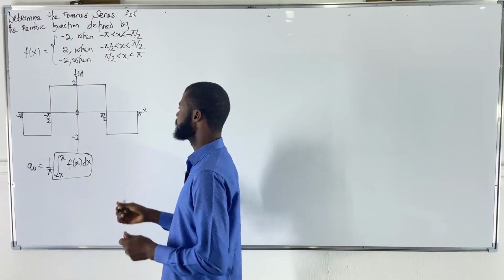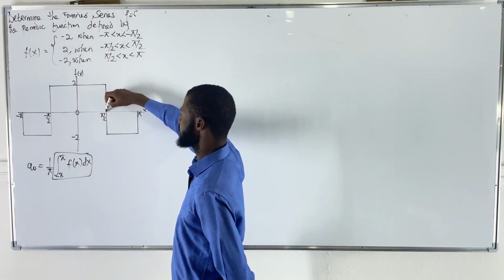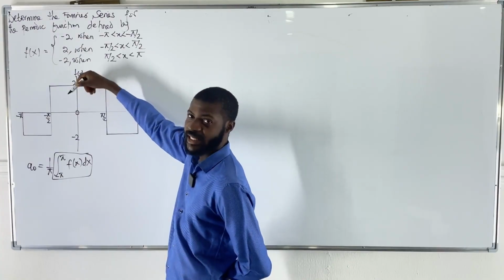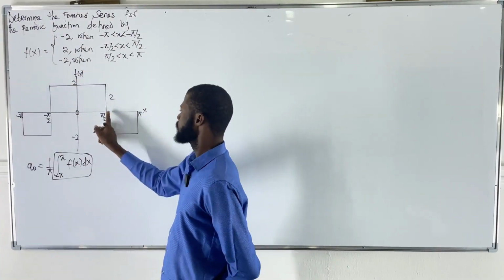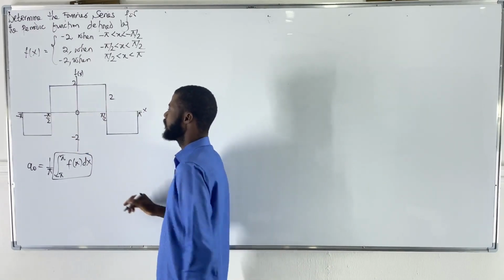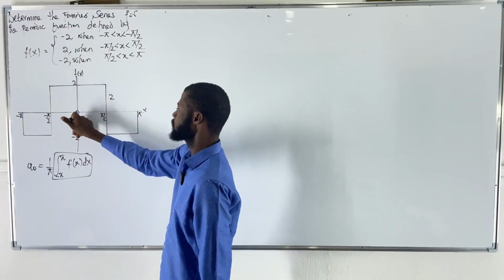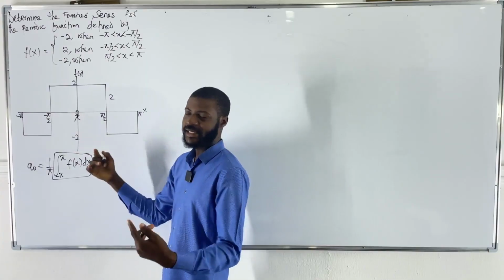Now this is a rectangle. So let me say the breadth from this point to this point, this is 0 to 2, right? You can call it the height if you wish. So we'll have a height of 2. Then from here to here, from -pi over 2 to pi over 2 is pi. That's the distance.